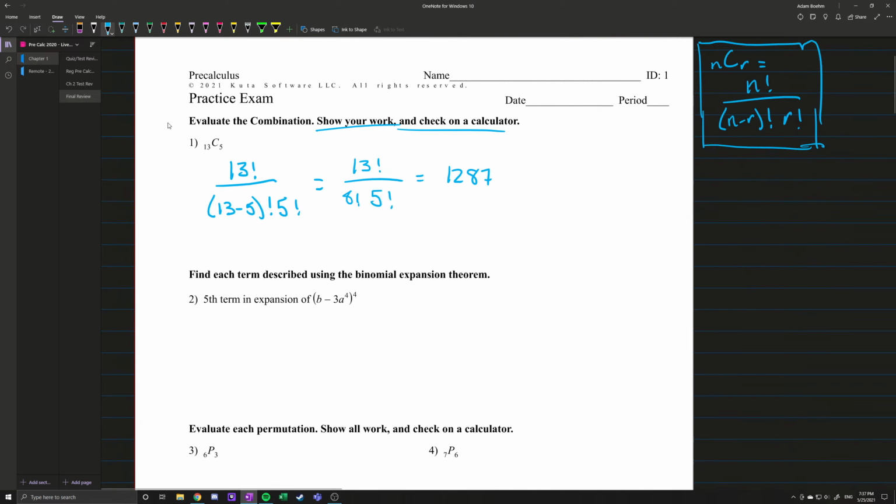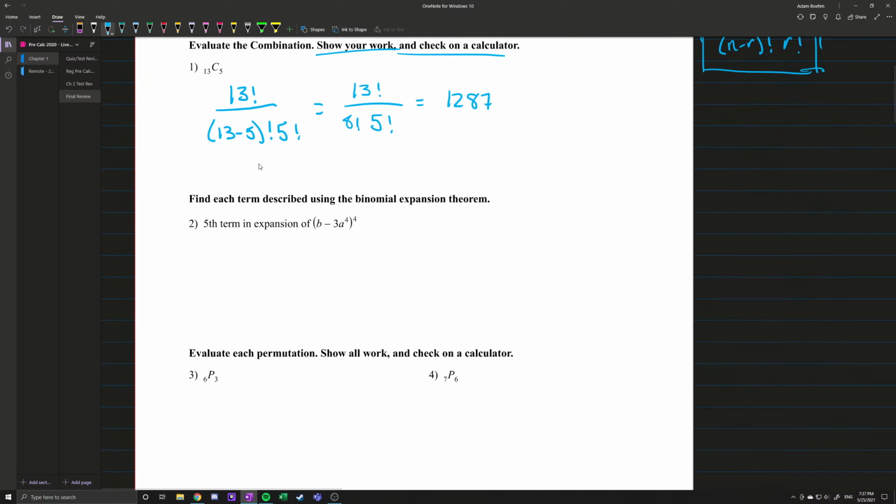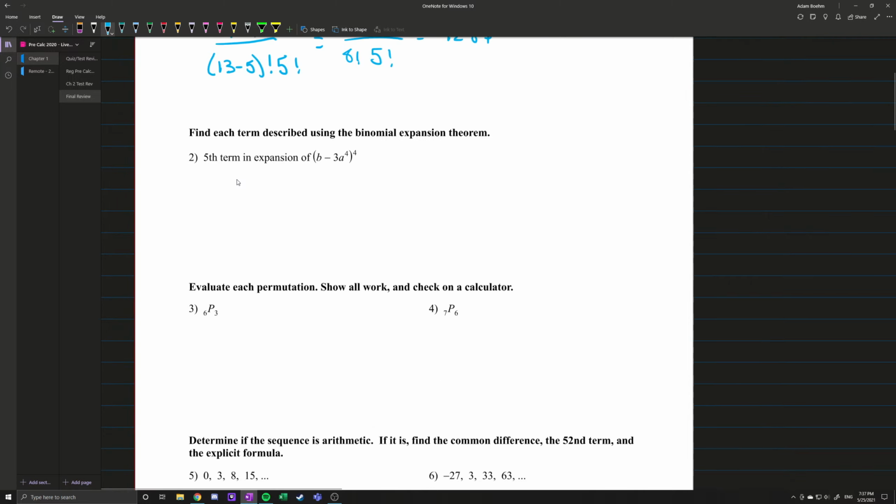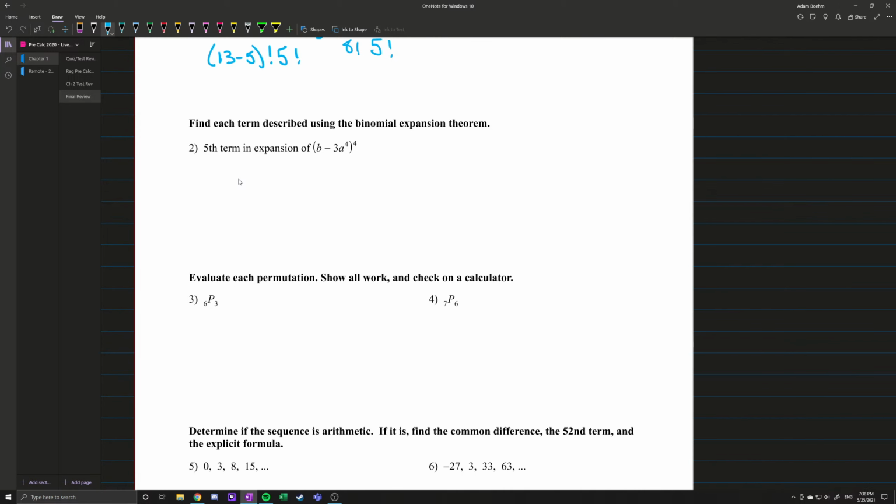Where we apply that, though, is a little bit different. Find each term described using the binomial expansion theorem. So in some way, you're going to be using what we did in number one in number two. But before we do that, the first thing we should do is lay out what each term is going to look like. So we want the fifth term.